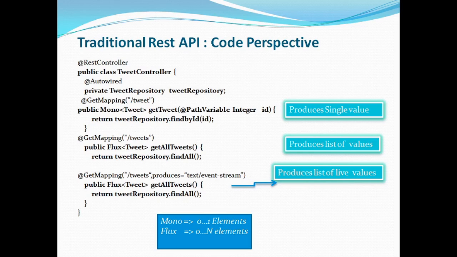For example, if a database is getting updated in a live fashion with new values, at the same time in the RESTful endpoint response, the client is going to get updates from the database without refreshing your application, without redeploying your application. We will look into a similar example in a hands-on session.